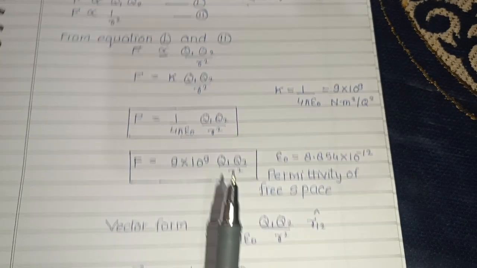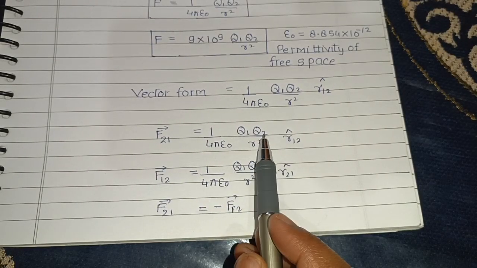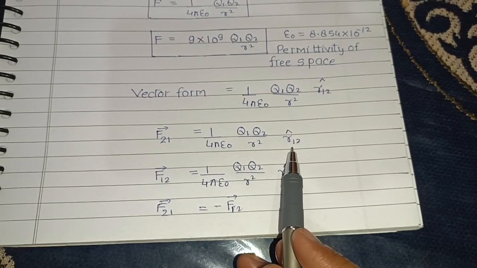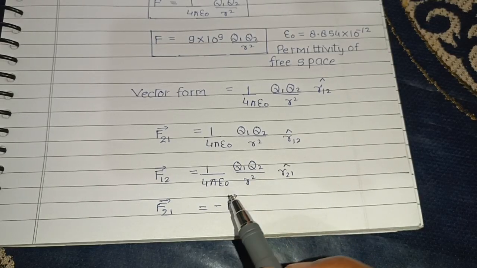So the force will be 1 upon 4 pi epsilon naught q1 q2 by r square times r cap. This is called unit vector.